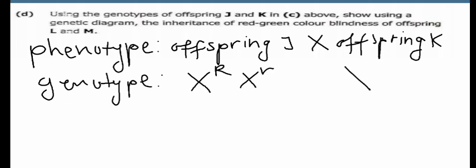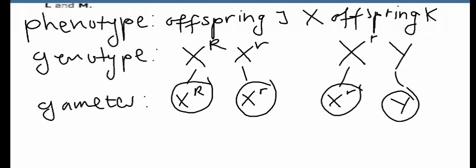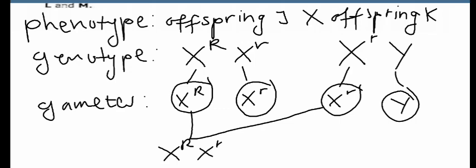Then as for K, we need to have X, small r, then Y. What follows next, we need to split the gametes. After splitting the gametes, we go on to random assortment. So this one is going to be crossed with this one, then we are going to have this one. This one is going to be a carrier, and a carrier is a normal one.